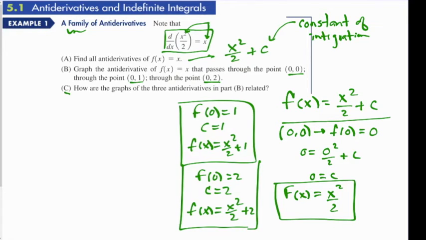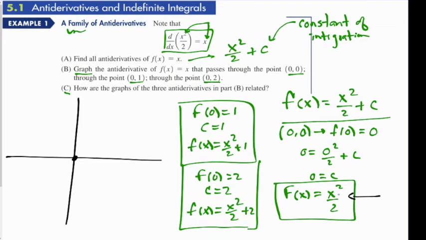Part C asks, how are the graphs of the three antiderivatives in Part B related? So let's complete the graphing step of Part B. If I am graphing x squared over 2, when I plug in 0, I get 0.